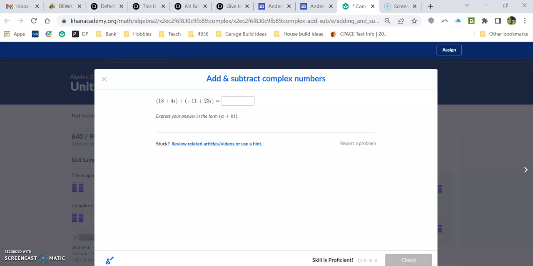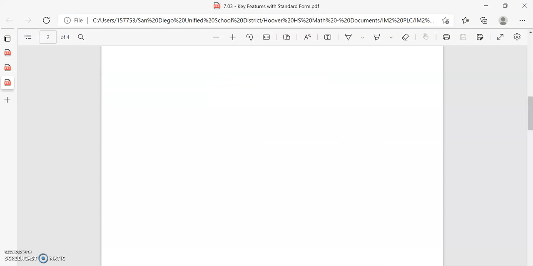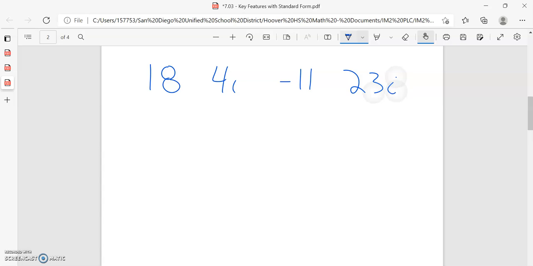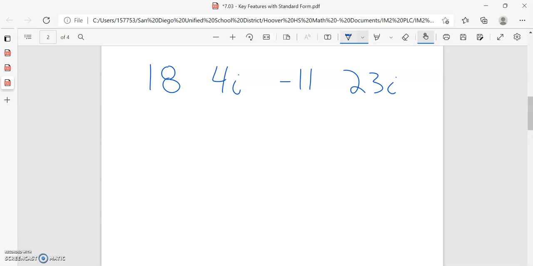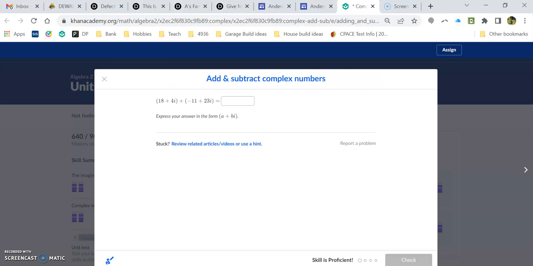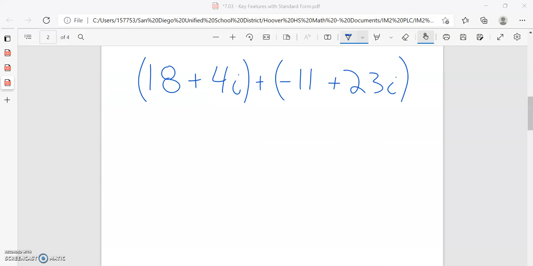So we have 18, 4, negative 11, and 23. Right, 18 plus 4i plus negative 11 plus 23i.